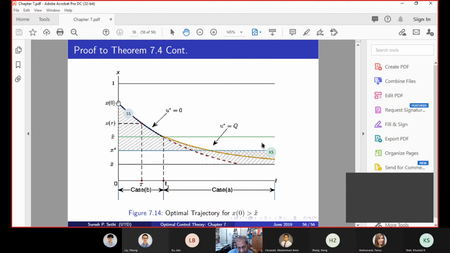I'm going to create a path so I can decide when I can reach this path. So I'm going to use a zero control for some time up to this point, some X hat. And then I'm going to switch to Q. And now I have a control of where I get to this point. Okay. Now I need to find the optimal place.